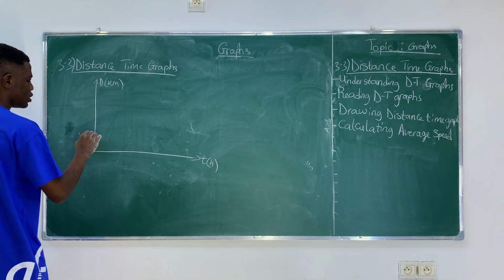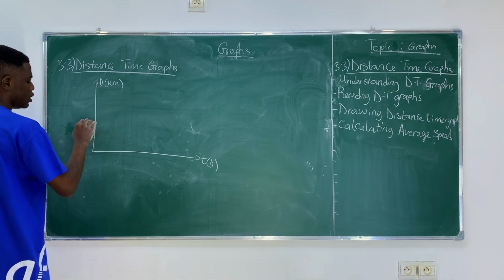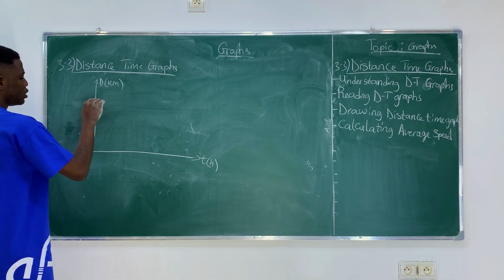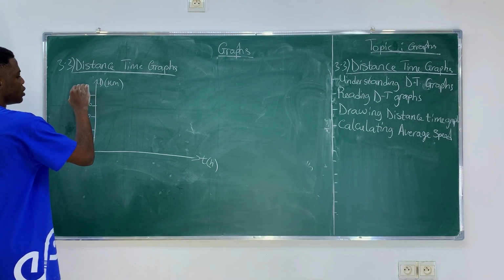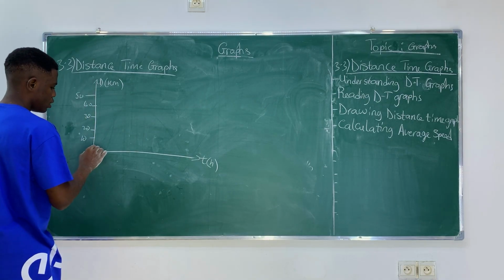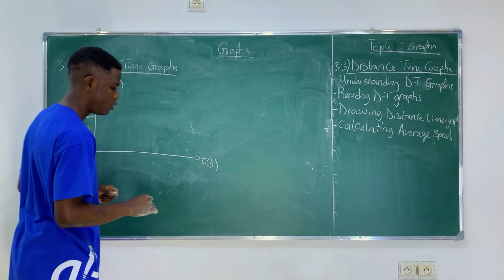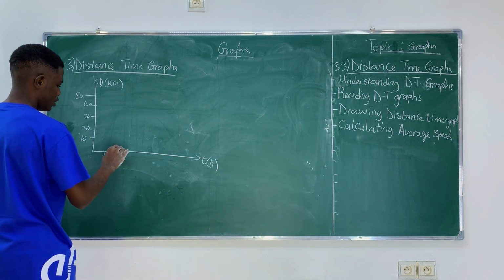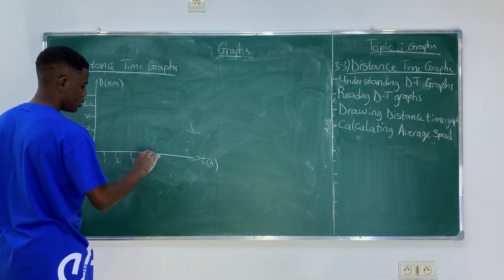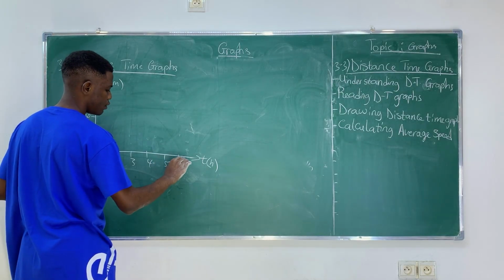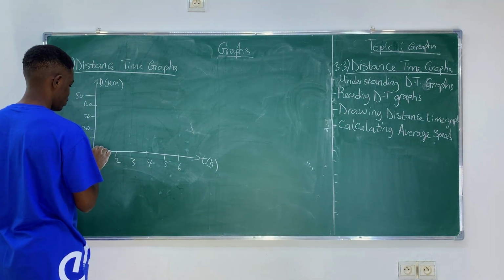We have 10, 20, up to 60, and here we have 1, 2, 3, 4, 5, 6.